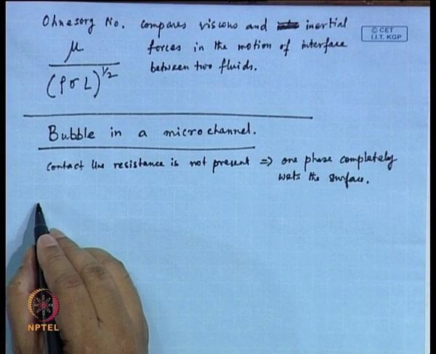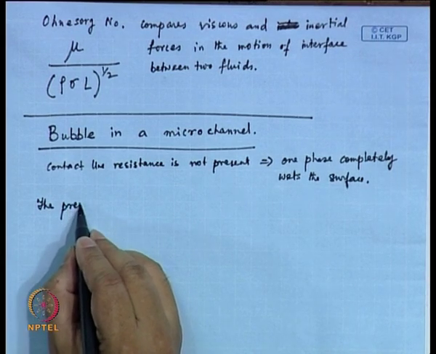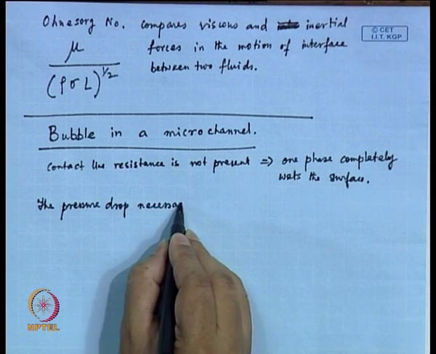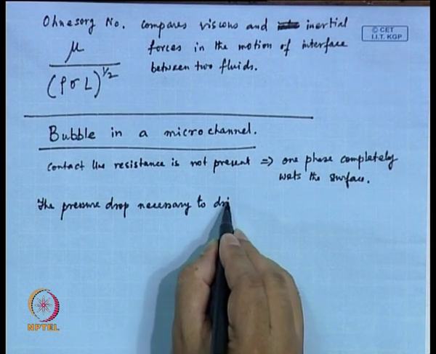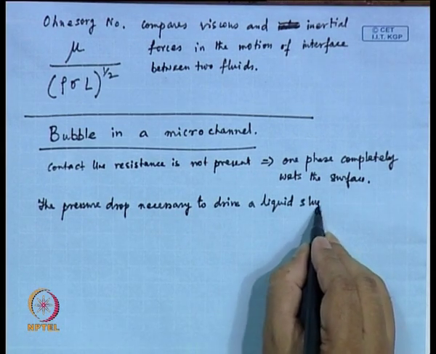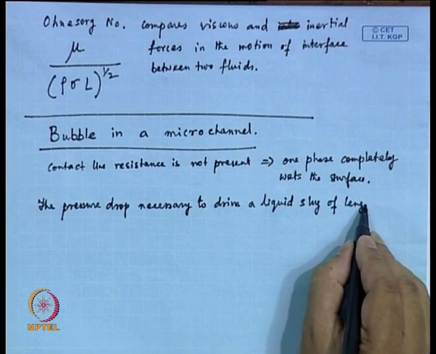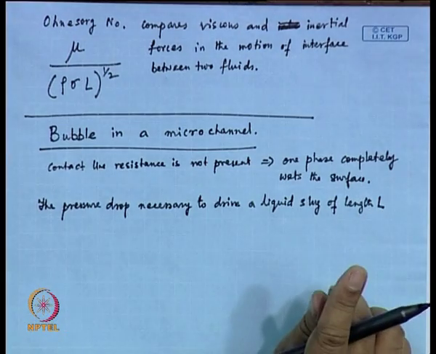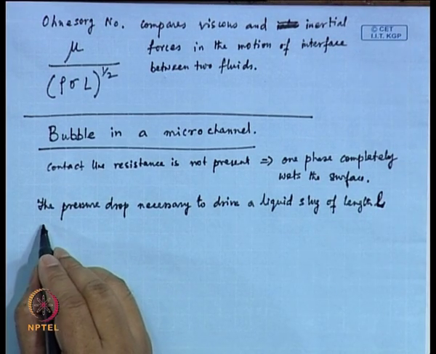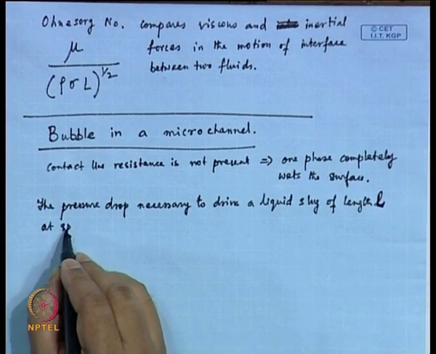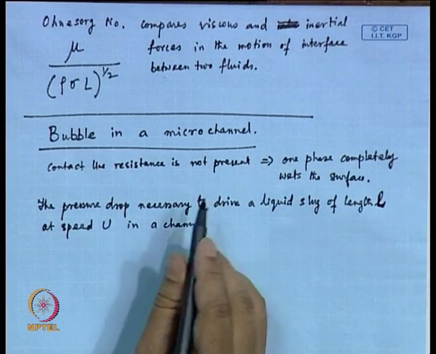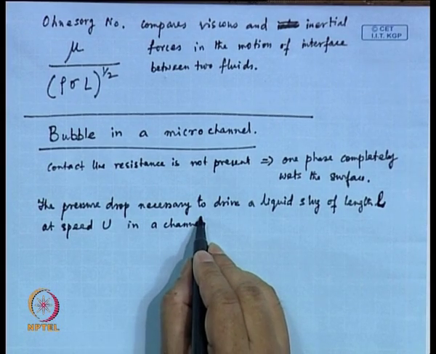If I write the pressure drop necessary to drive a liquid slug of length l, I am not talking about two phase, I am talking about one phase, at speed say capital U in a channel of radius r, we are talking about a circular cross section.